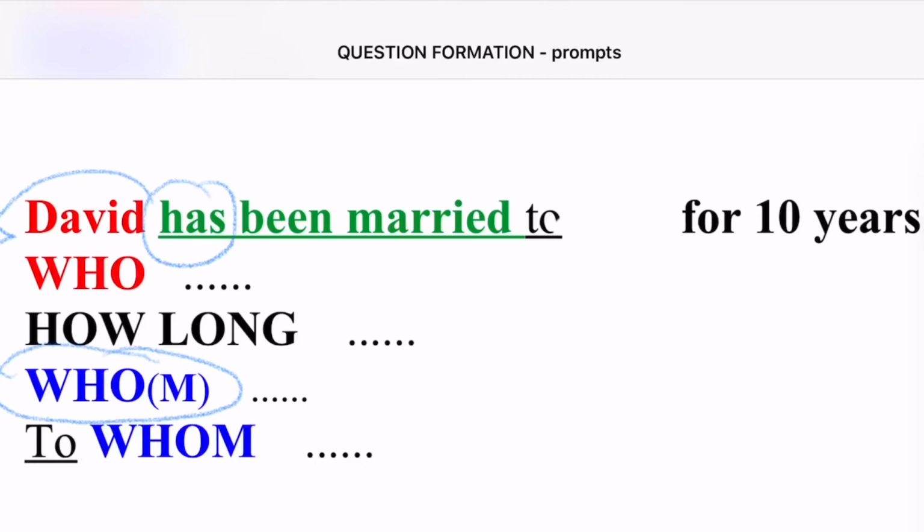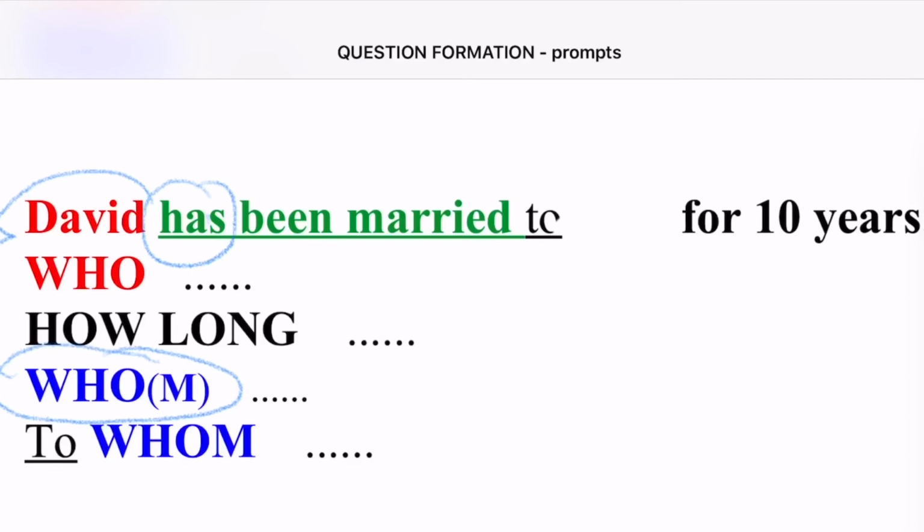Let me repeat this one. Who has David been married to for 10 years? He's been married to someone and we don't know who. And remember that this who is referring to the object because it should really be whom.